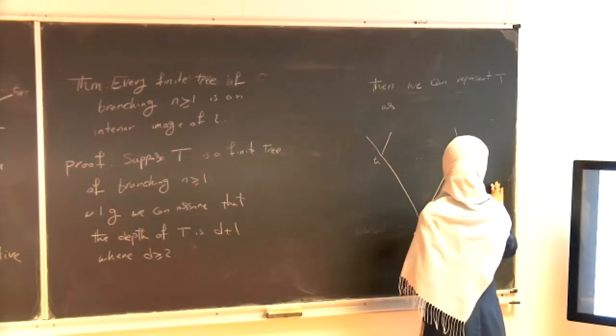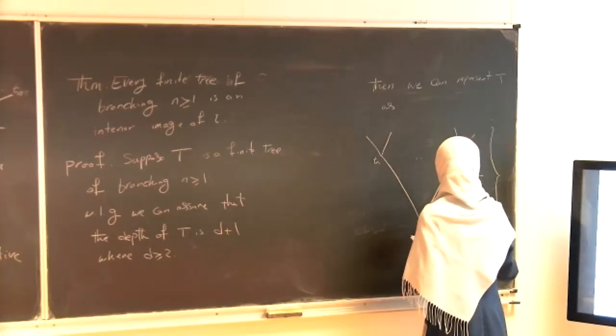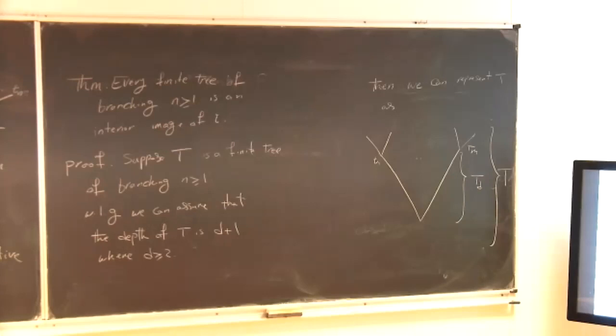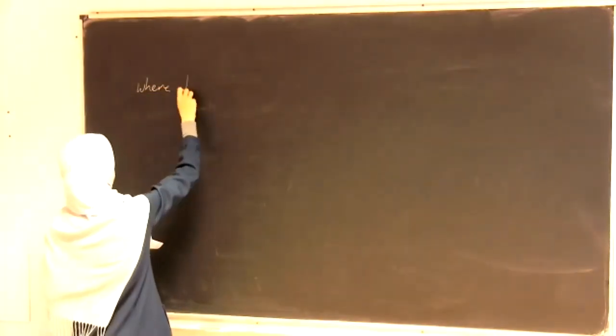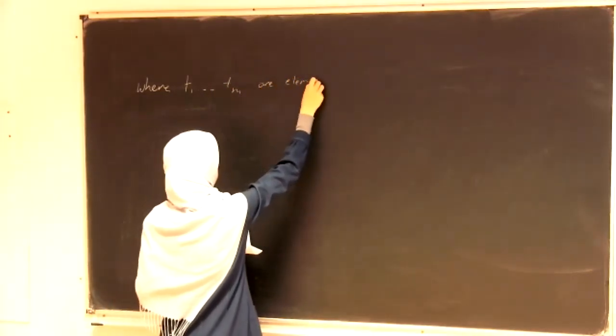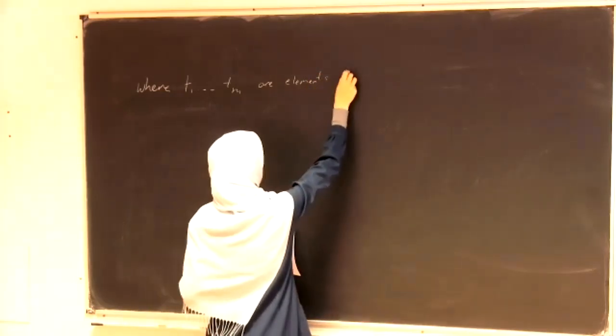Call this part T_p, and the whole one is T, where T1 to Tn are elements of T of depth 2.